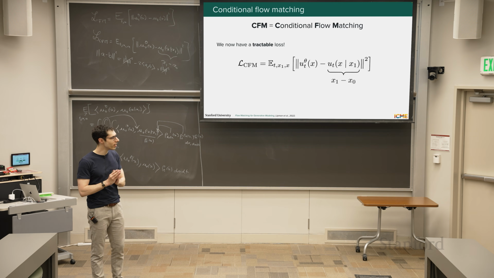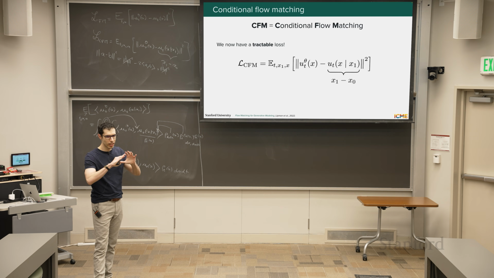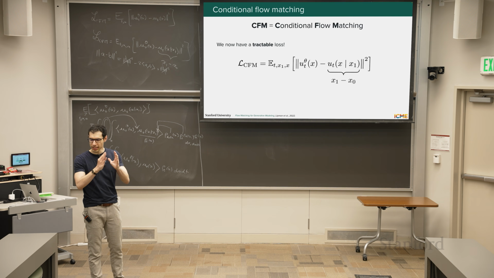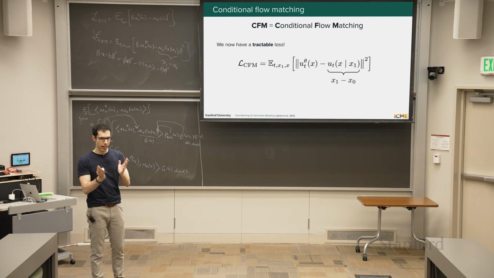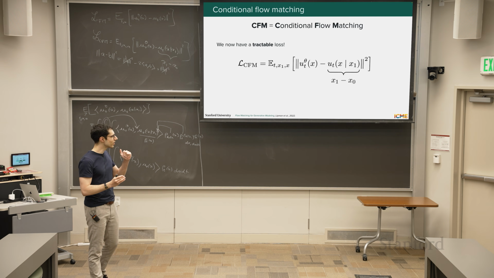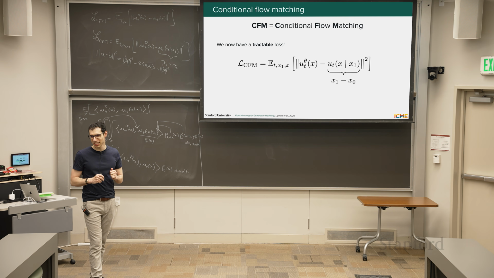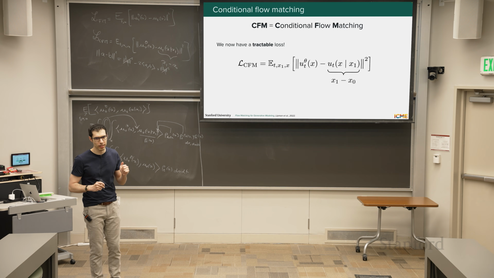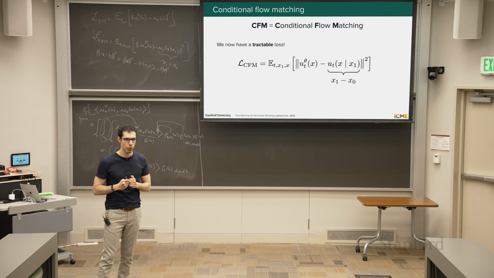It's just the square distance between the learned velocity, which is what you want to learn, and the conditional vector field, which we saw was nothing else than just x1 minus x0. So it's a very tractable loss, and it does exactly what you want.